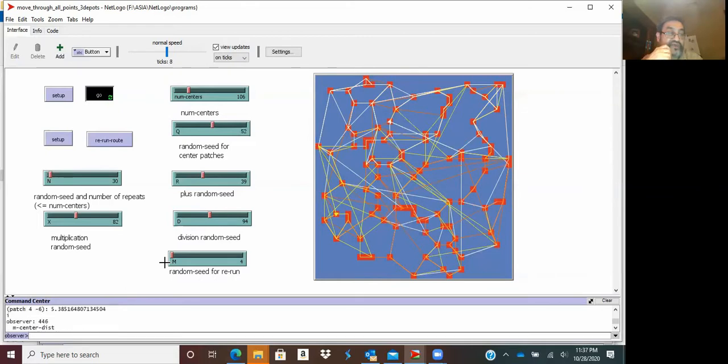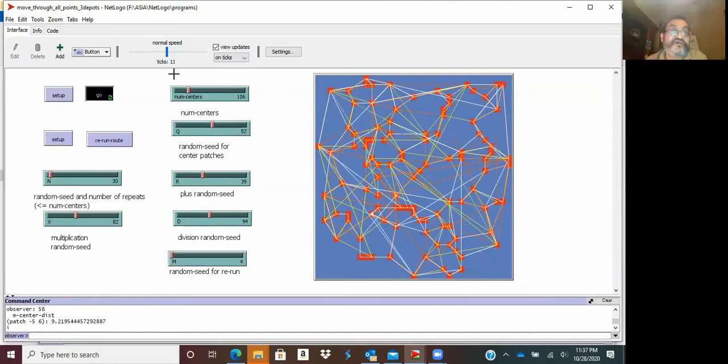Okay, now it's 8 times. Because we have 3 vehicles, it will take longer to run each route. Now it's 9 times, 10 times. You can see it ticking to give you a sense of the progress. That's why we only run 30 times, to save time, since we are only doing a demonstration.